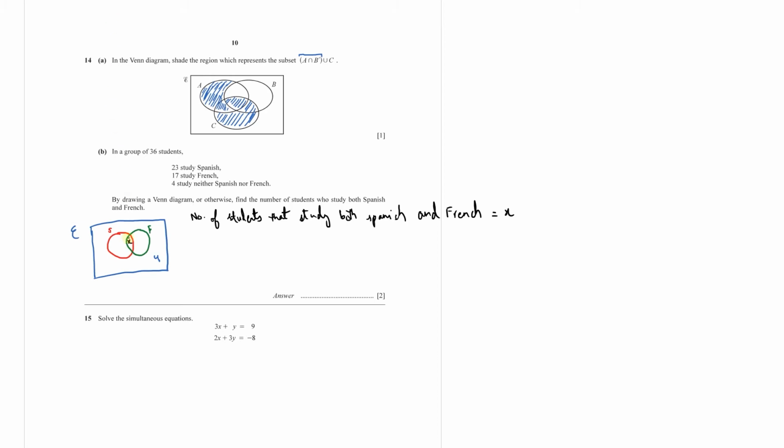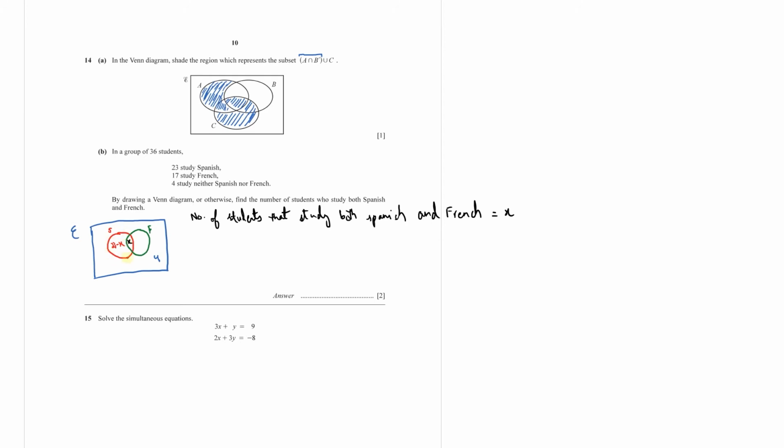So if X is the number of students that study both Spanish and French, how many study Spanish only? So we are given that 23 study Spanish. So this region here will be 23 minus X, because X is in this intersection.